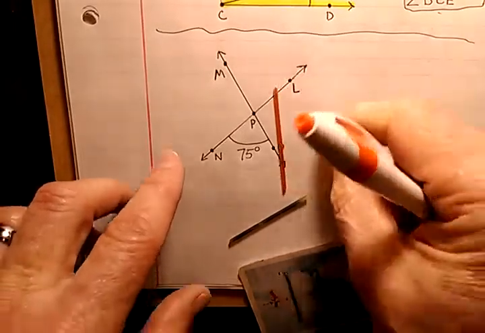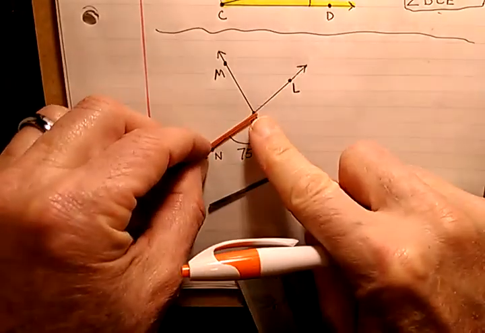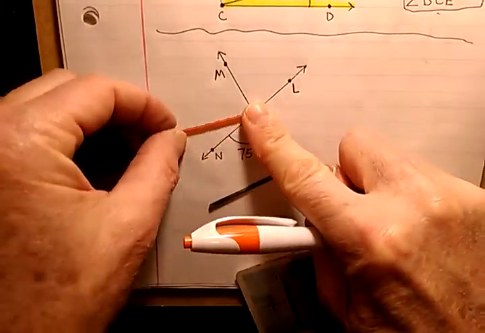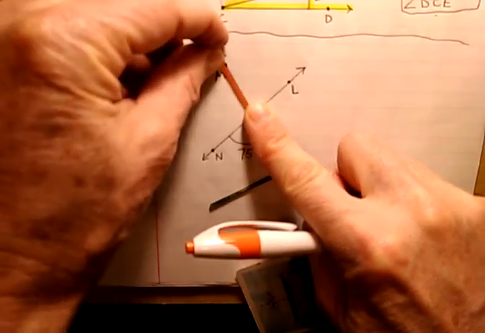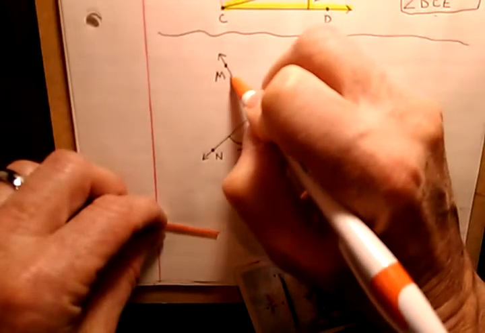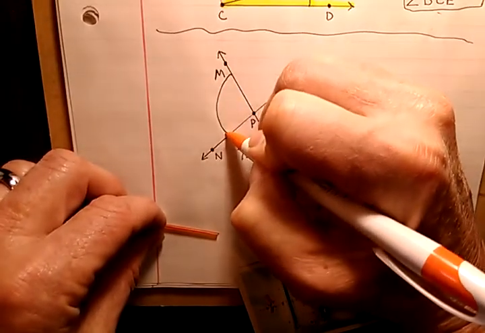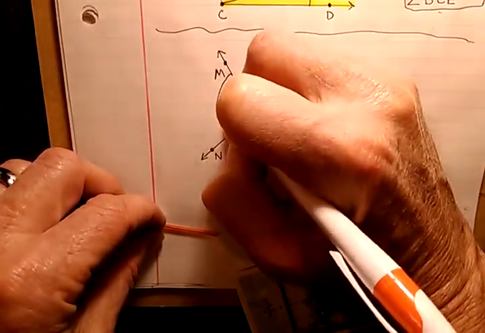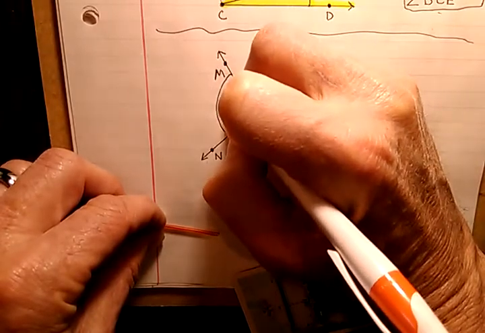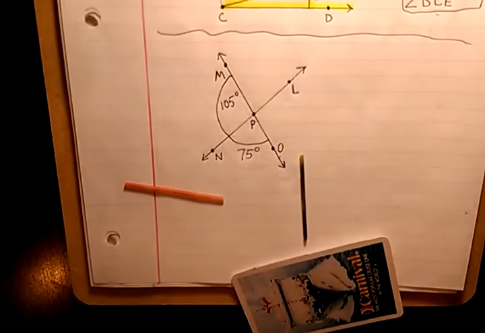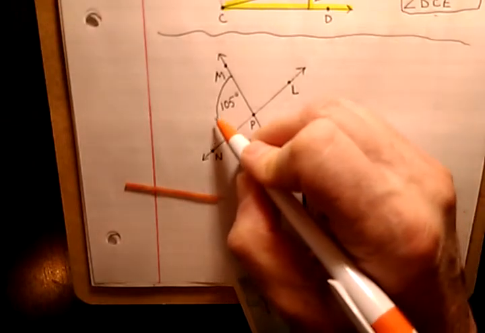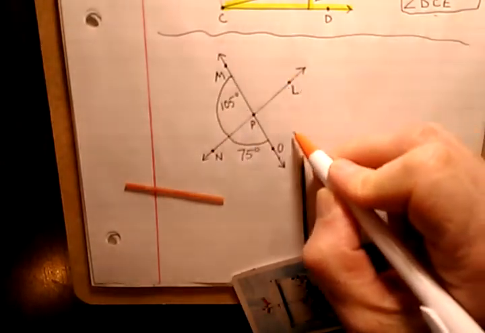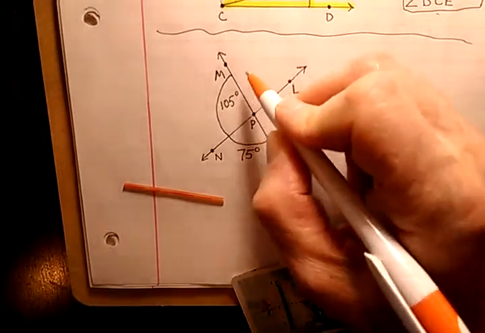Okay, and then the next rotation from PN rotating all the way up to PM is a larger angle. That's a rotation of 105. That's a 105-degree angle right there. So you can see how together they start to form a larger part of the circle, right? Which would be 360 degrees for the whole thing.